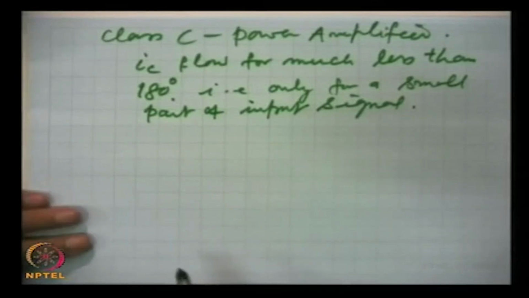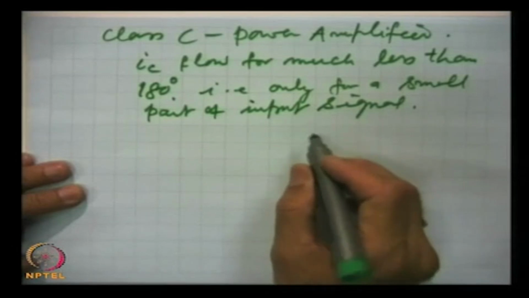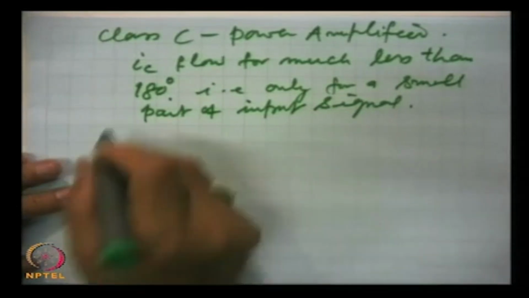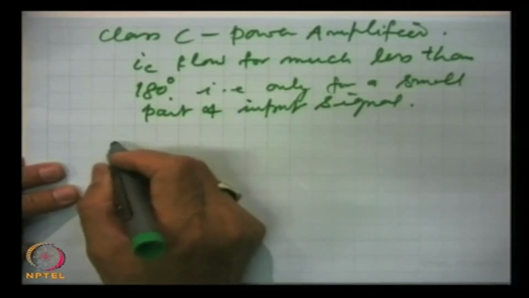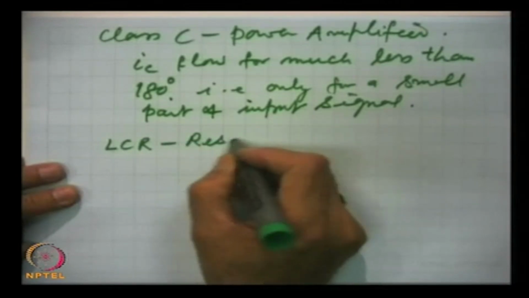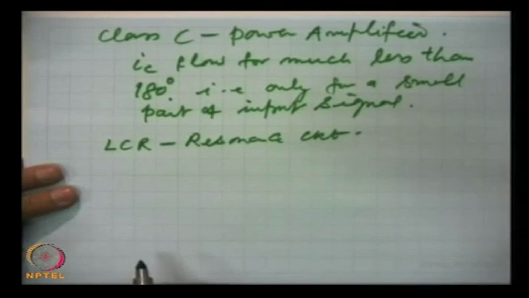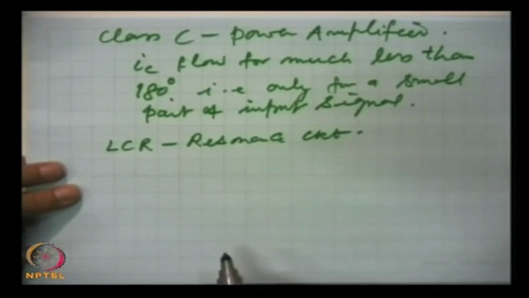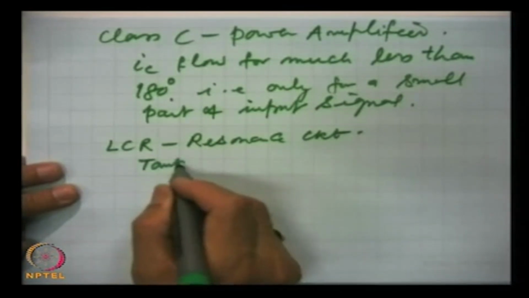Now, the most commonly used class C amplifier makes use of an LCR resonant circuit, and when it is used the way we are using it with the collector, it is called a tank circuit.